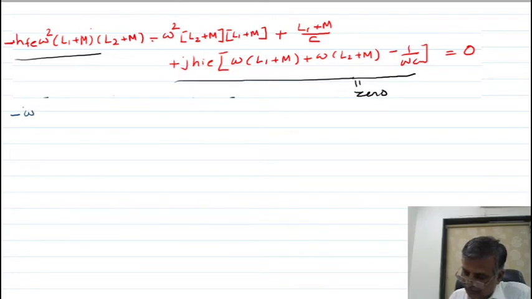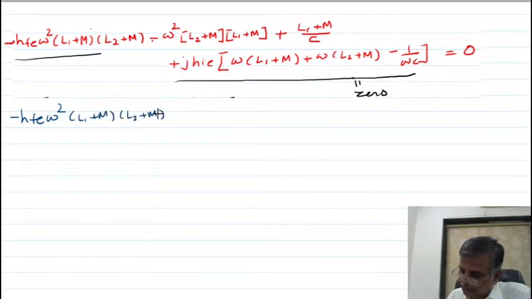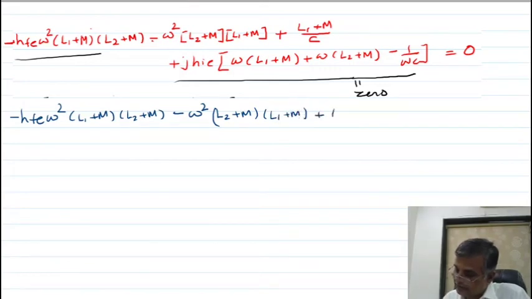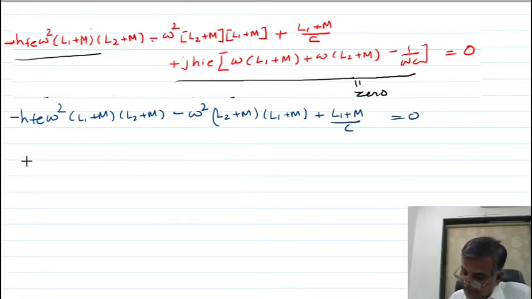So it is minus hFE omega square (L1 plus M)(L2 plus M) minus omega square (L2 plus M)(L1 plus M) plus (L1 plus M) by C is equal to 0. I am taking (L1 plus M)(L2 plus M) and omega square common.